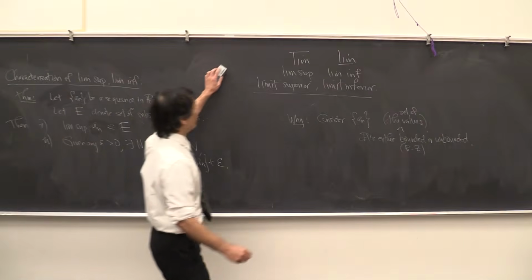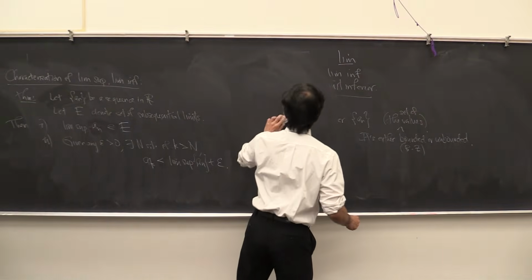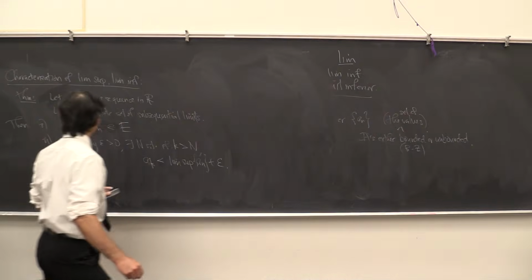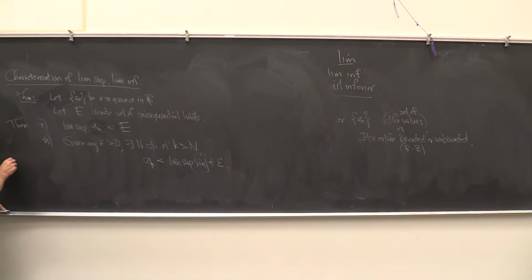With the normal limit, given any epsilon neighborhood, there's a time past which everybody's in the epsilon neighborhood.